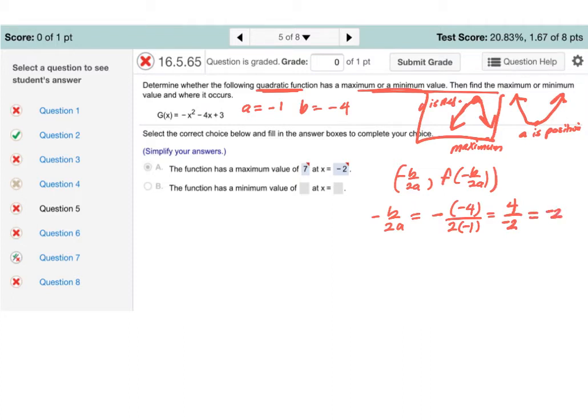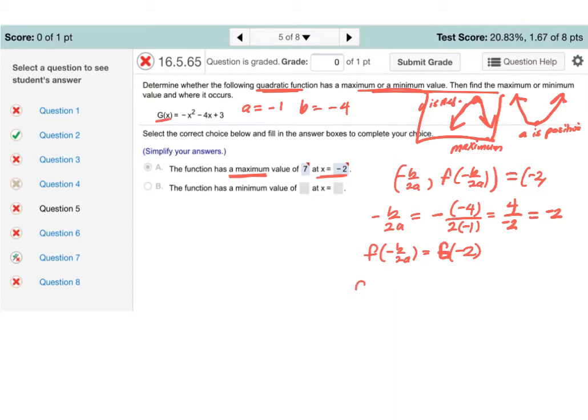So our maximum will occur at x equals negative 2, because this is our first coordinate. Now to find f of negative b over 2a, we'll actually find f of negative 2. But in this case, our function is called g of x, so let's change that. We'll find g of negative 2.